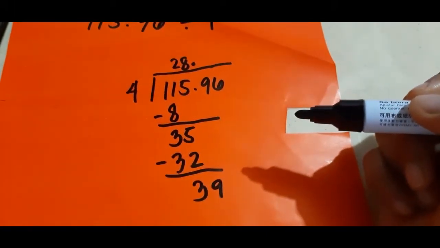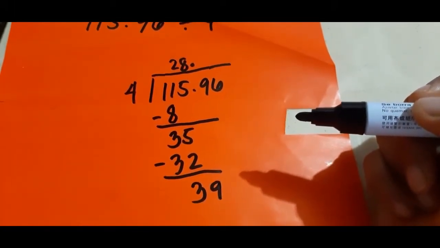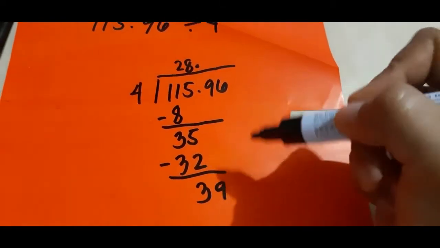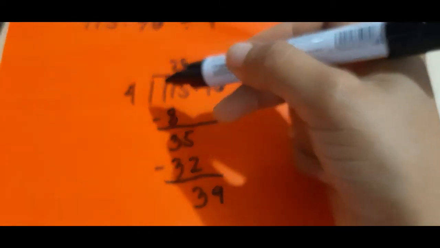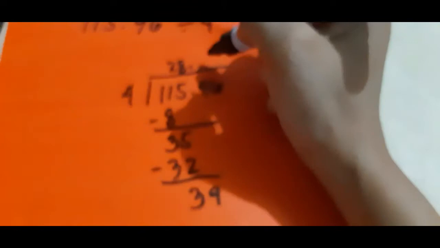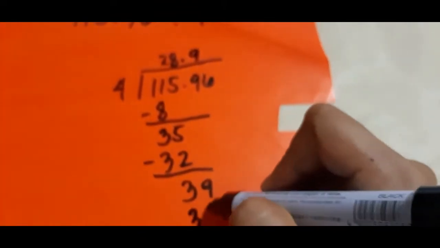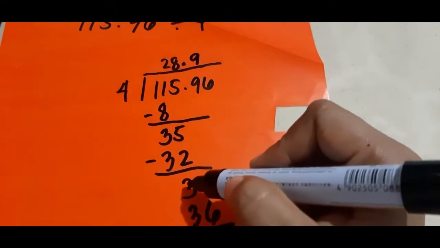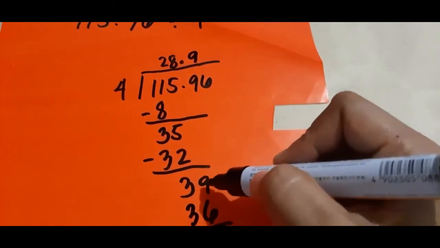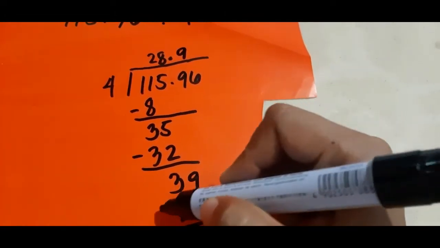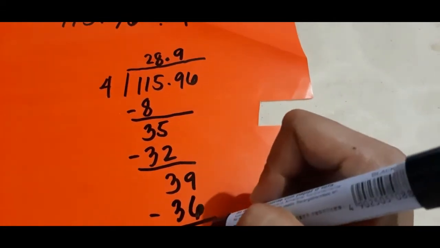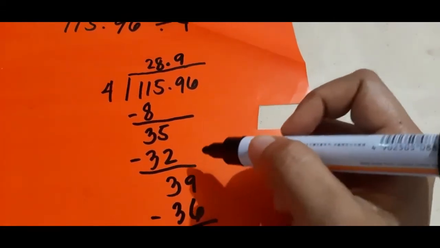How many 4s in 39? So 9. Place it. 9 times 4 equals 36. Since 3 minus 3 is 0, let's subtract 9 minus 6 equals 3.